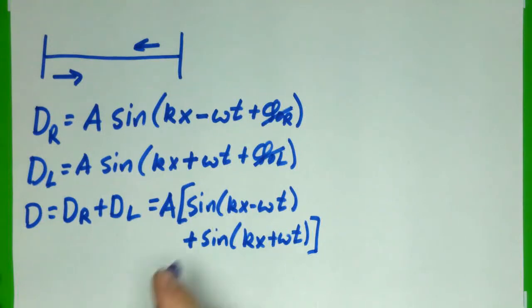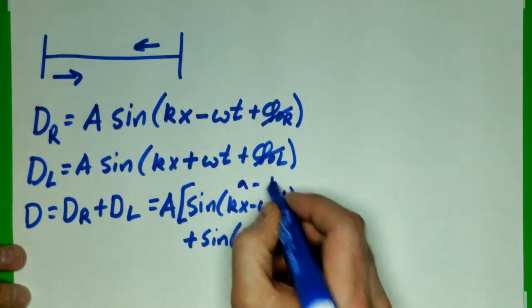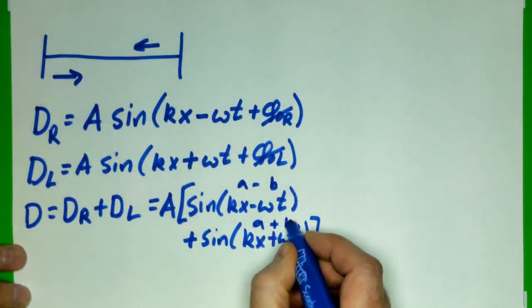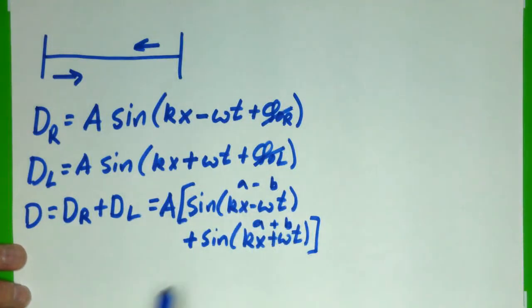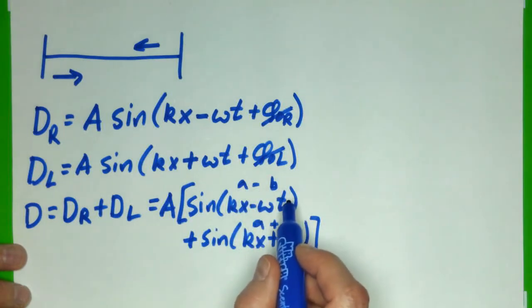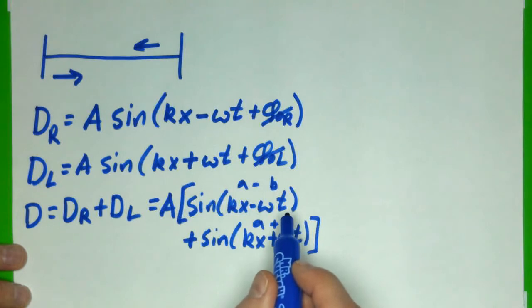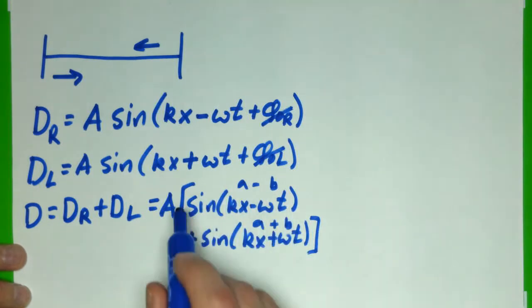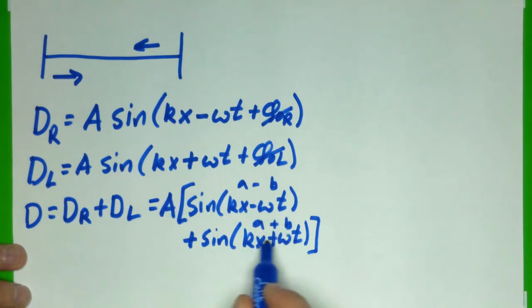Think of this as sine of a minus b, and this as sine of a plus b. Sine of a minus b is the same thing as sine a cosine b minus cosine a sine b.